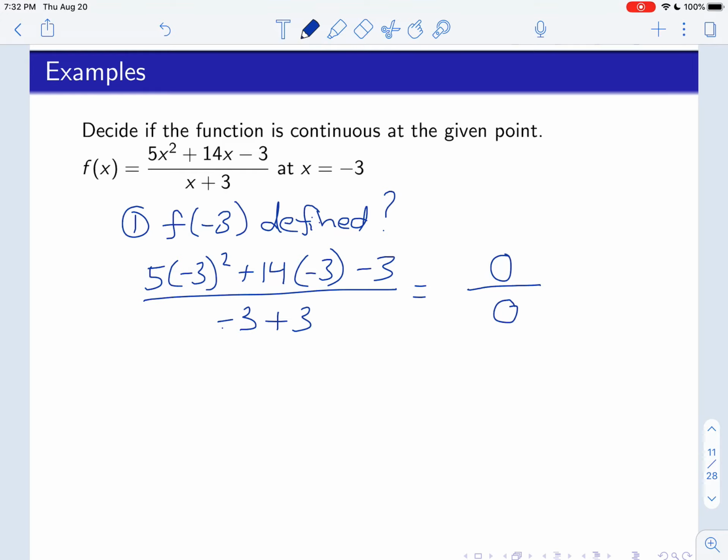So in this case, I can't even check off the first thing on my list. I cannot plug -3 into this function and get a number for the answer, because I get the 0 over 0 thing. And so as soon as I run into one thing on my checklist that I cannot check off, I can stop and say, no, this is not continuous.